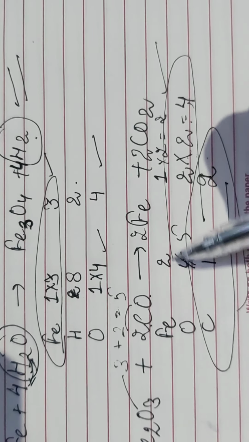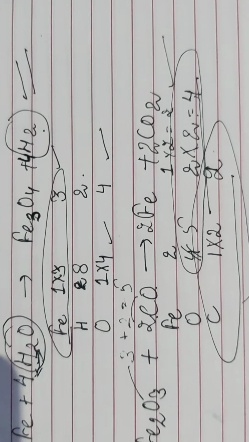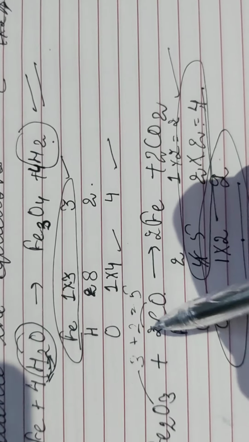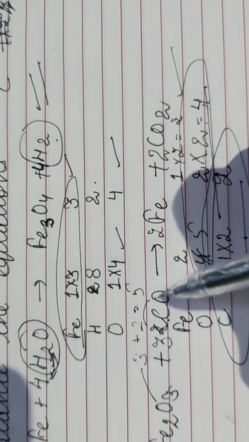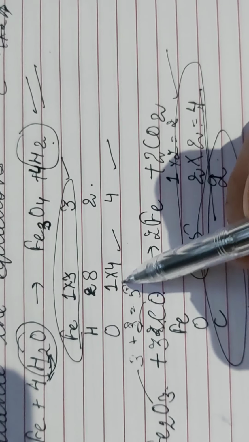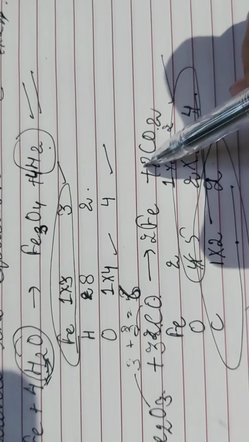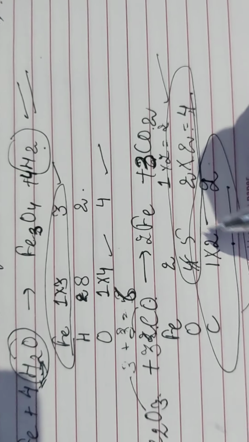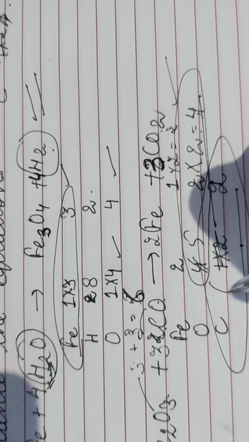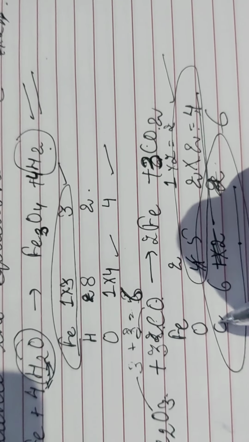So 5 and 4, we cannot balance them. We can do one more thing. We can change this 2 with 3. Now oxygen will be 3 plus 3, 6. And this oxygen we can change into 6 by multiplying here with the 3. Oxygen will be both sides 6 and 6. Carbon 3 and 3.